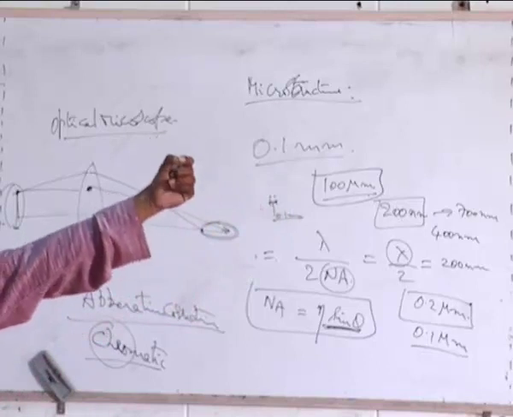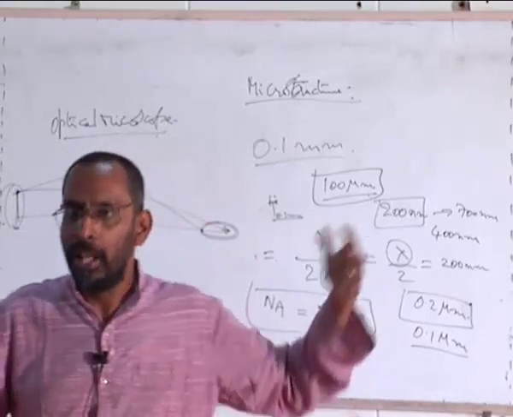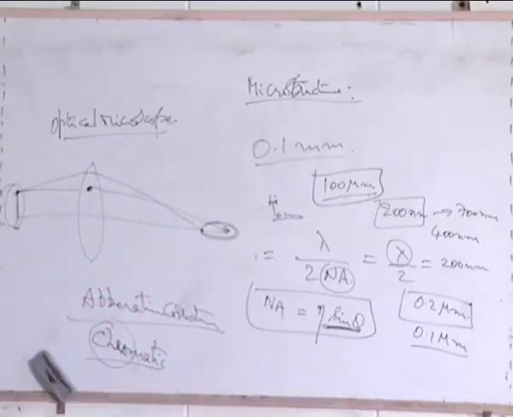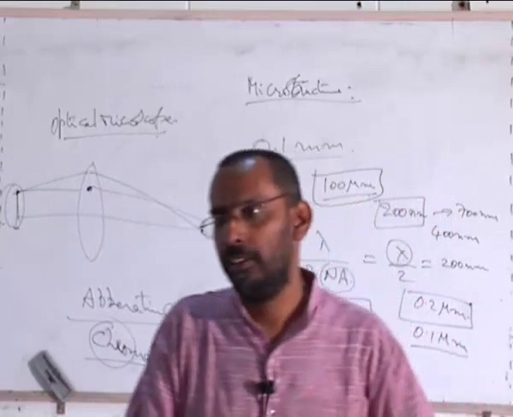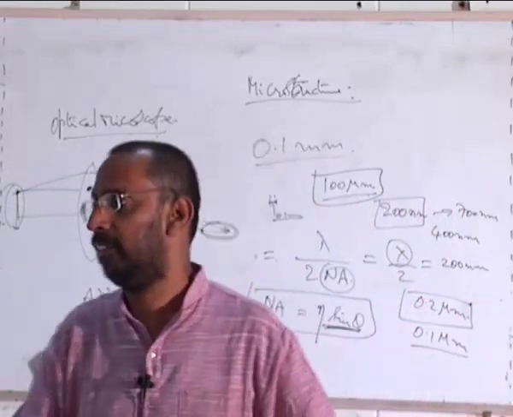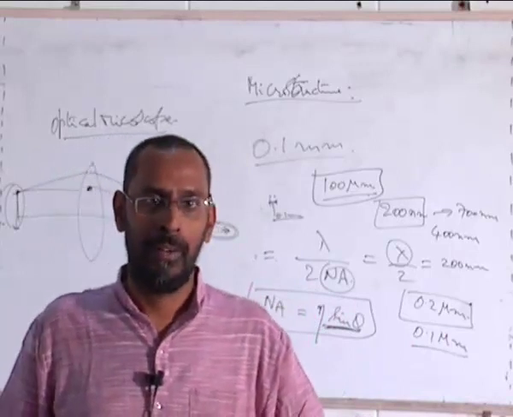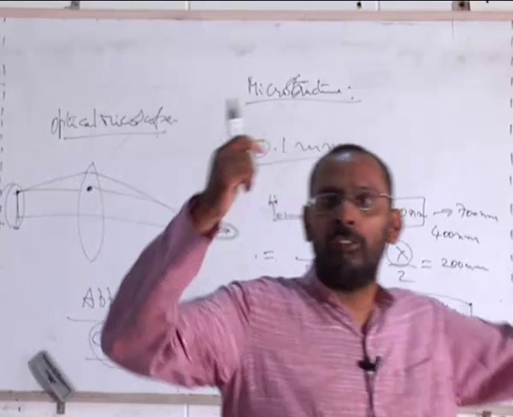As a result, when I am using radiation of different wavelengths, they give me a blurred image rather than one single image. The best way to solve this problem is to use one single wavelength, what is called monochromatic wavelength, right? That is why filters are useful. Filters not only can help you to improve the resolution.